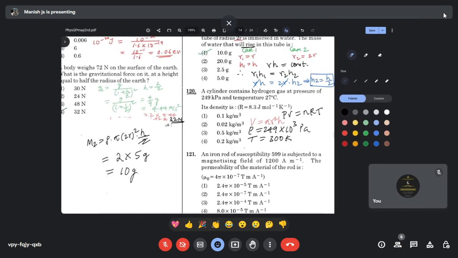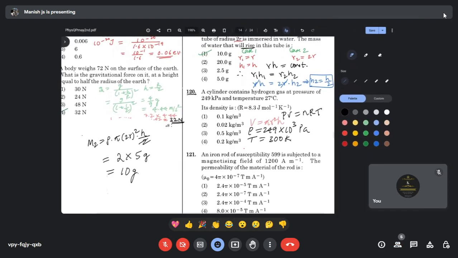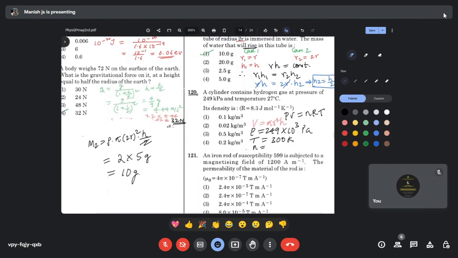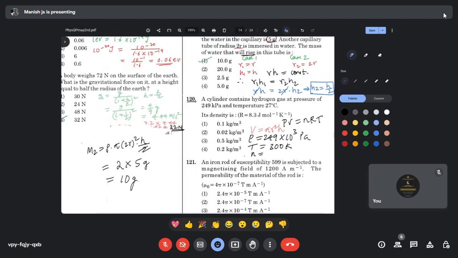So number of moles, how much did you say? 249? Sorry, it cannot be 249, that is pressure. So what is the number of moles?